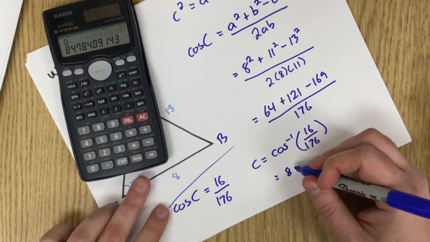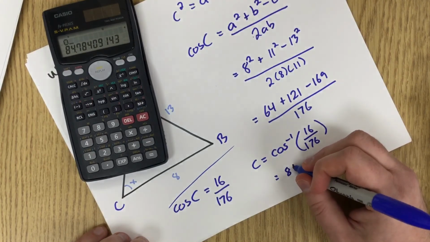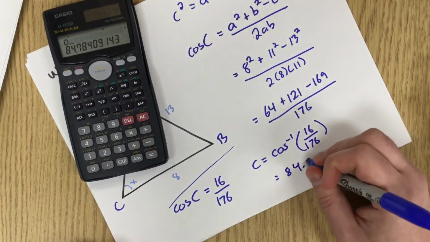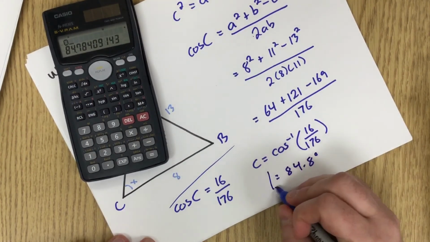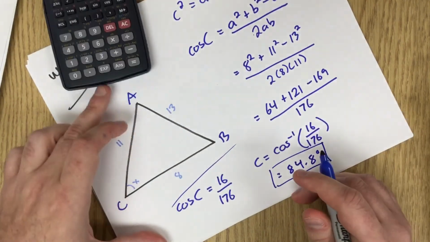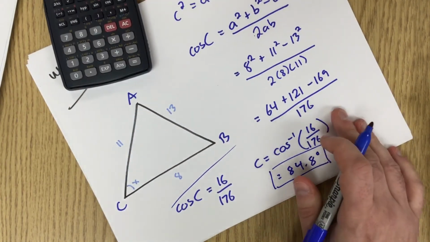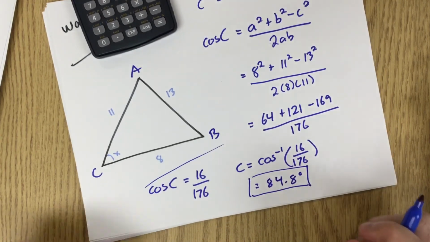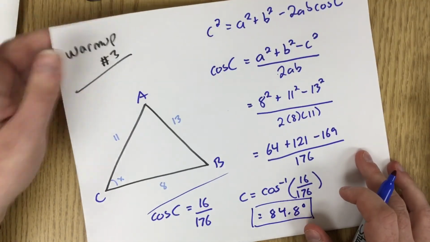And this is an angle, so it would be in degrees. So it's 84.8 degrees. Okay, so that's cosine law and sine law.